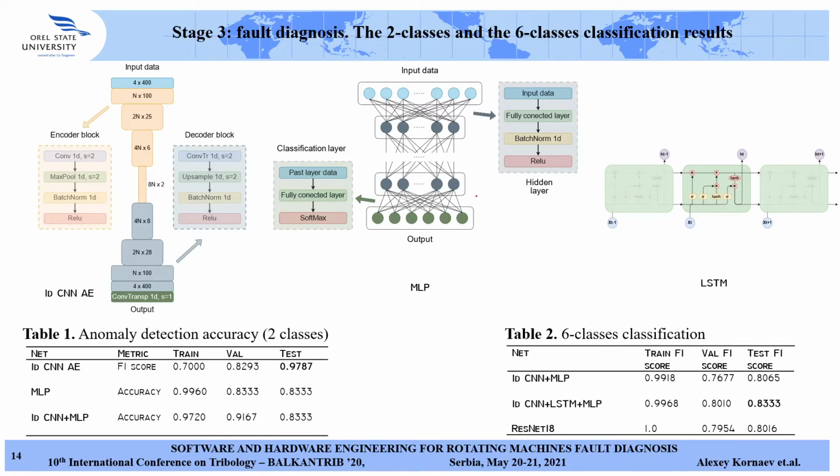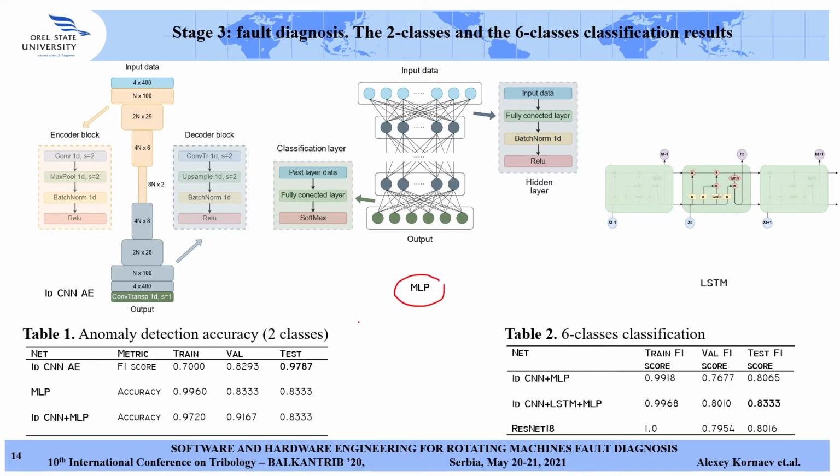Then in the final stage, fault diagnosis, we used different architectures of neural networks: one-dimensional convolutional neural networks with an autoencoder, a multi-layer perceptron, which is the simplest architecture, and long short-term memory networks, which are good at working with sequences. And we realized that the simplest model works fine.